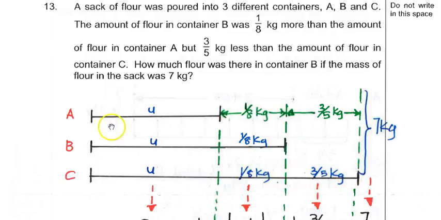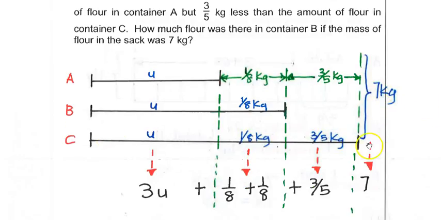Alright, so A plus B plus C is 7 kg. Now take a look very carefully. 7 kg is actually made up of A, B, C, right? Now we can represent this so that inside 7 kg there are 3 units.